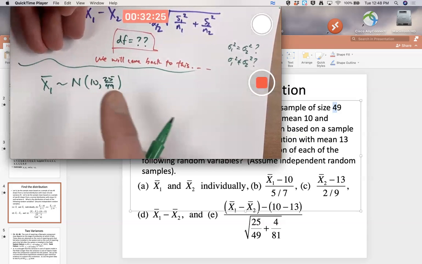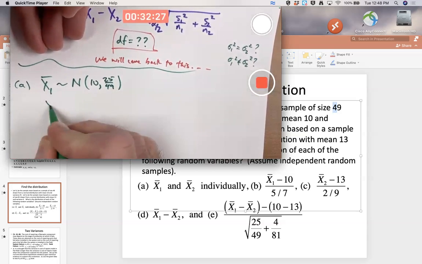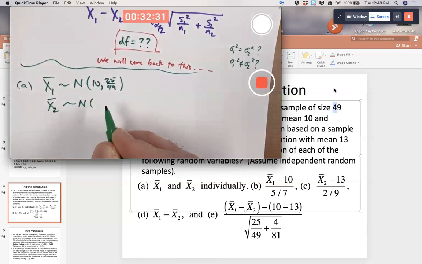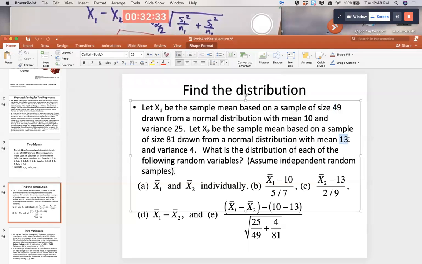So that would be the answer for the distribution of X1 bar, and the distribution of X2 bar is going to be similar, normally distributed, but now with a mean of 13 and a variance of 4 over 81. Right, sample size for X2 is 81.